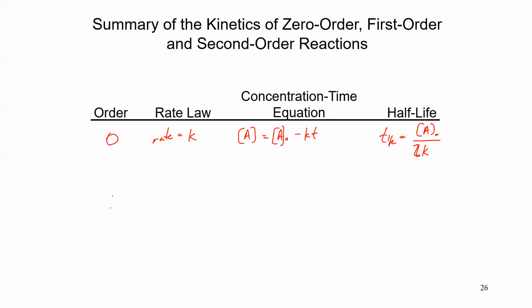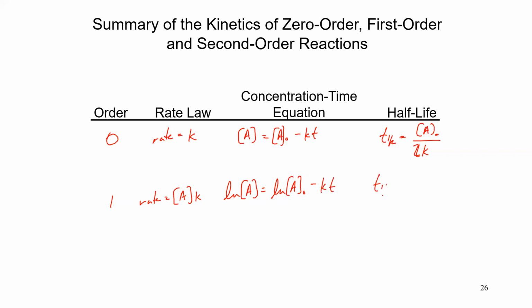So that's 0th order. 1st order, the rate is equal to just A times k. And for 1st order, remember we take the natural log. So the natural log of A is equal to the natural log of the initial concentration of A minus kt.